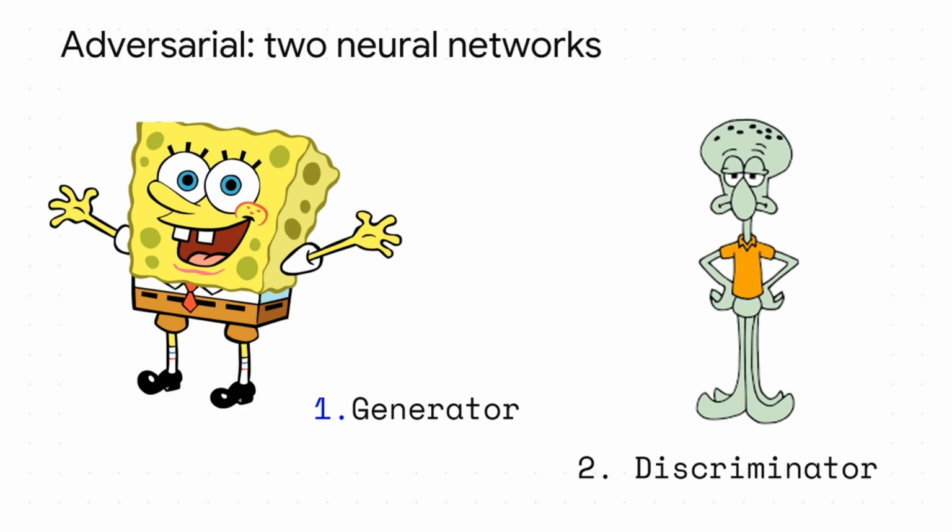So how GANs achieve this is by using two neural networks, a generator and a discriminator. These neural networks are in competition with each other, thus the name adversarial.